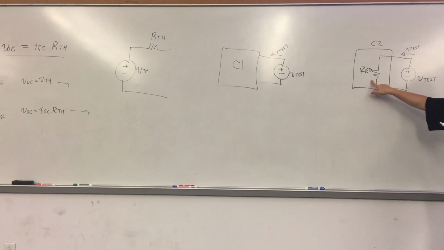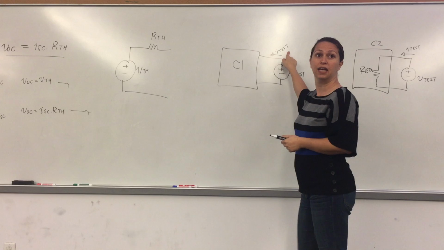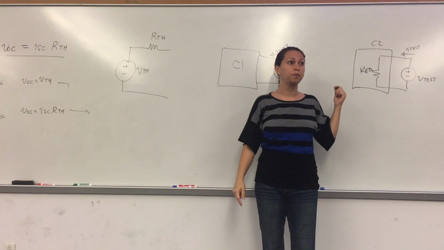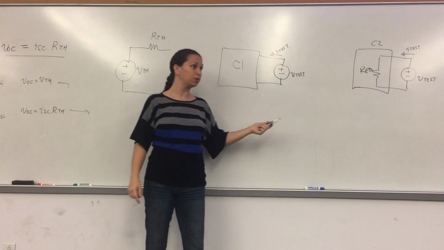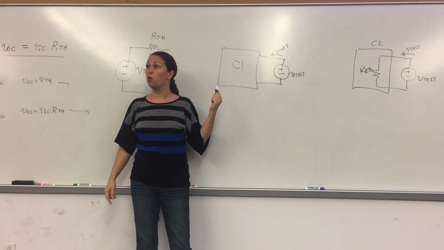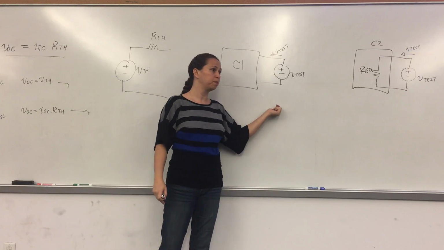Because I don't know Req, but I know that this is true, I can go to the original circuit and find V test over I test and find what Req is. It's very important to understand why we are doing that. We're going to keep doing that. We're going to do tons of questions, but it's important what we are doing here. Okay? Any questions?